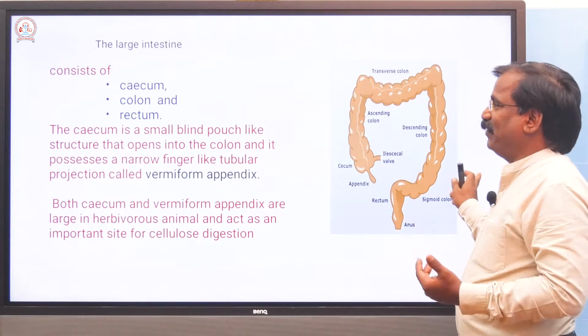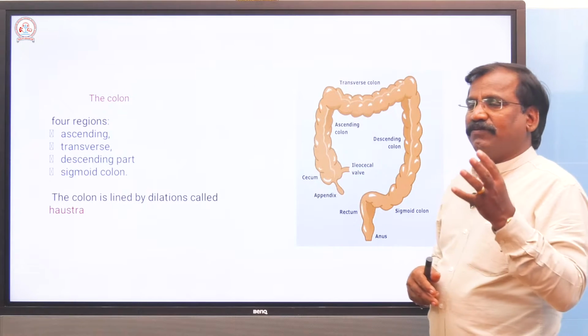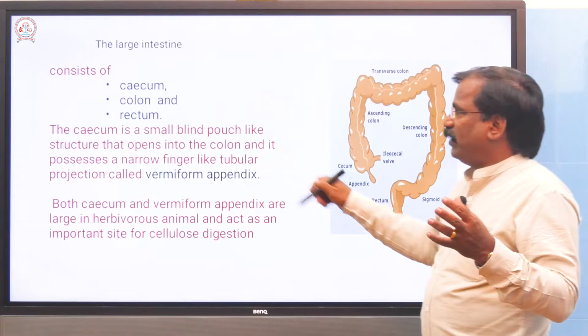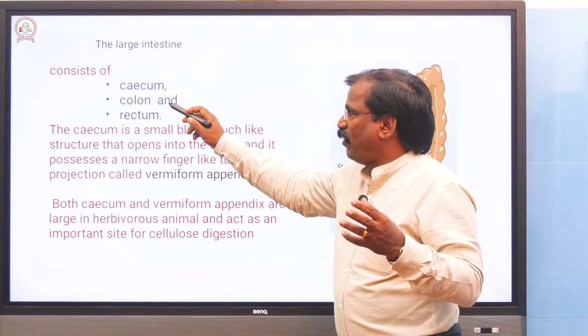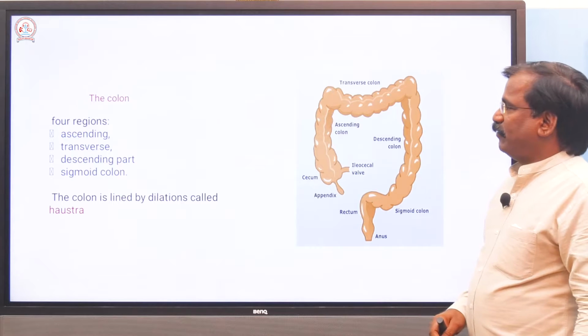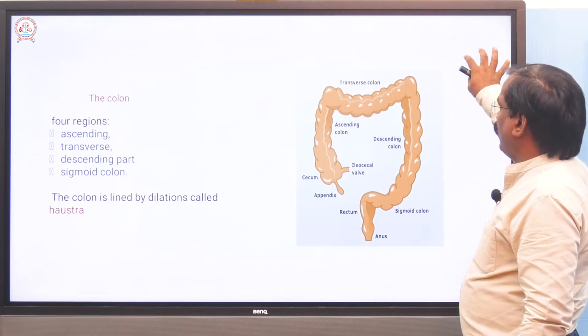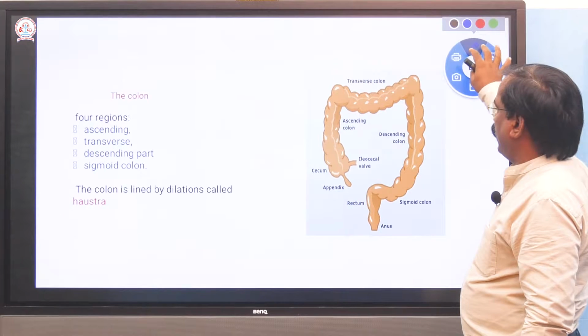Some additional information. What are the regions of the large intestine? Cecum, colon and rectum. The cecum we have discussed so far. What are the regions in the colon?